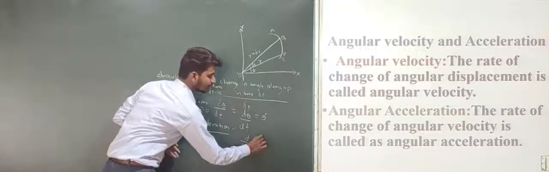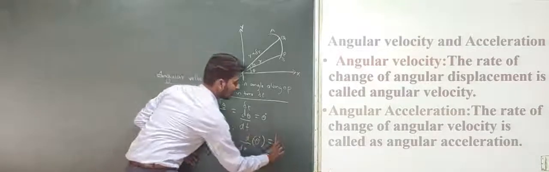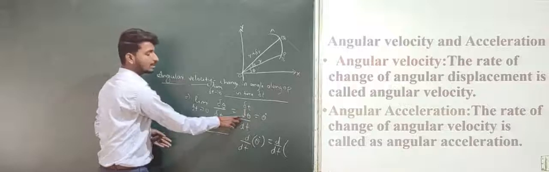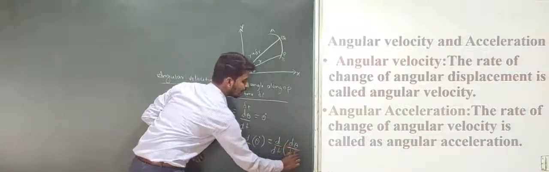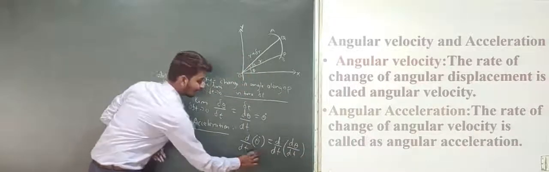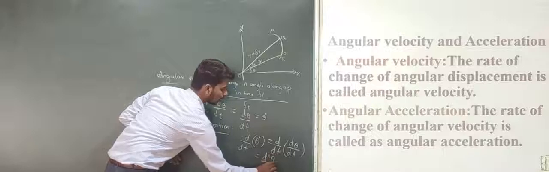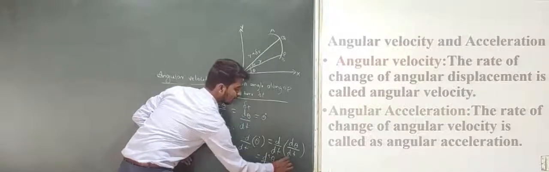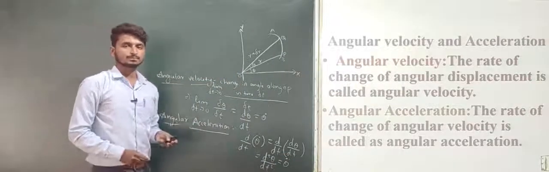Velocity here is theta dot, which can be further written as d by dt of d theta divided by dt. This is nothing but d square theta divided by dt square, which can also be written as theta double dot. This is the angular acceleration.